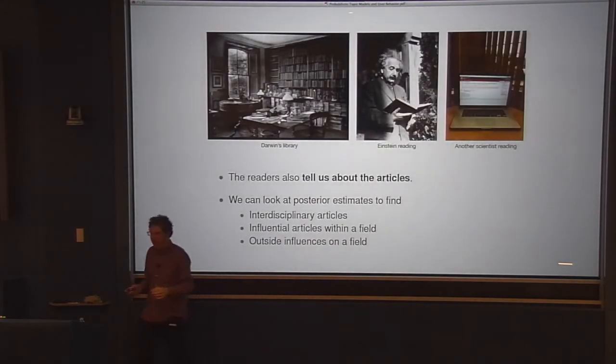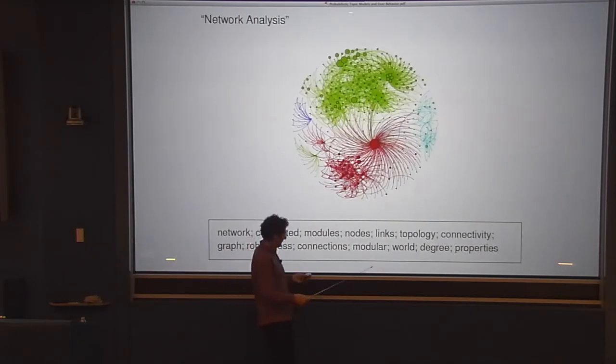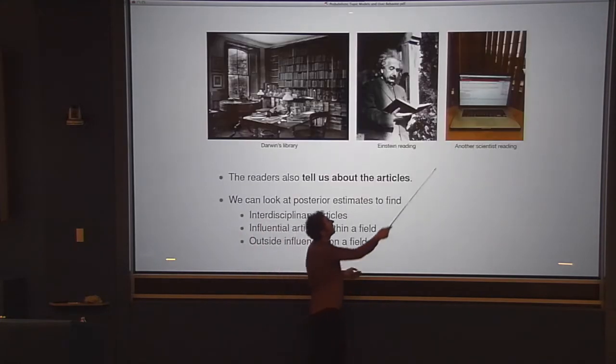Okay. Like I mentioned, what I think is really interesting about this model, because I'm interested in ways of automatically organizing and characterizing large collections of text, is that the readers also tell us about the articles. Okay? So here are three readers: Darwin reading all those books, there's Einstein reading, and this picture is somebody reading the archive. This is another scientist reading.